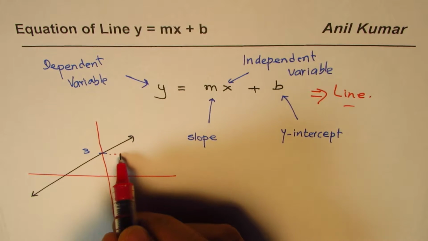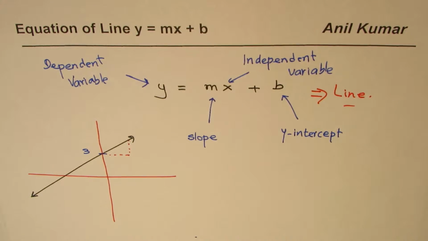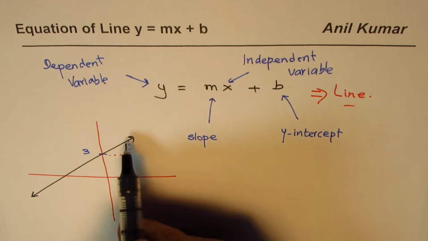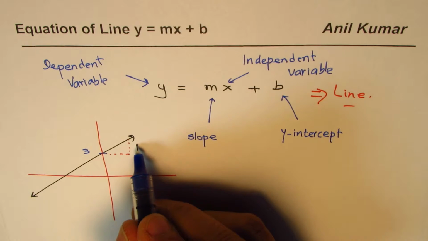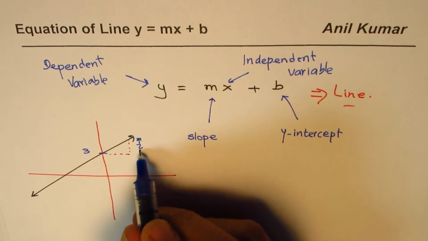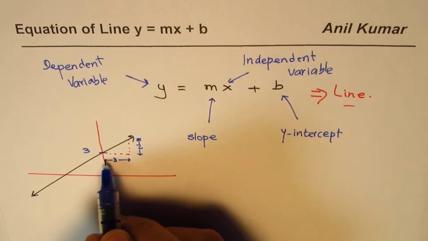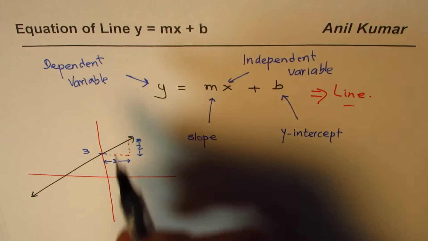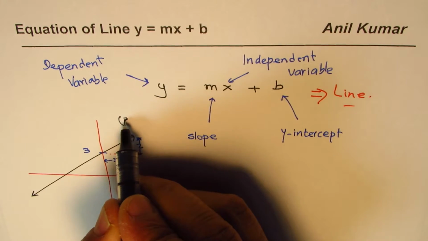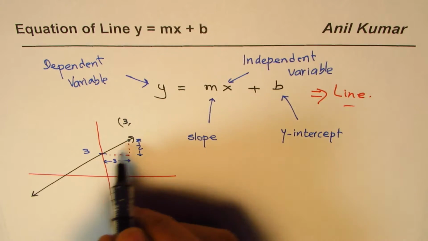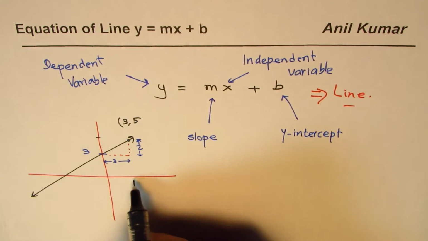Let us say the rise is 2, and the run is 3. That is to say, my coordinate point here is x value 3, y value 2 plus 3, which is 5. Do you understand? So the y value will be 5, correct?